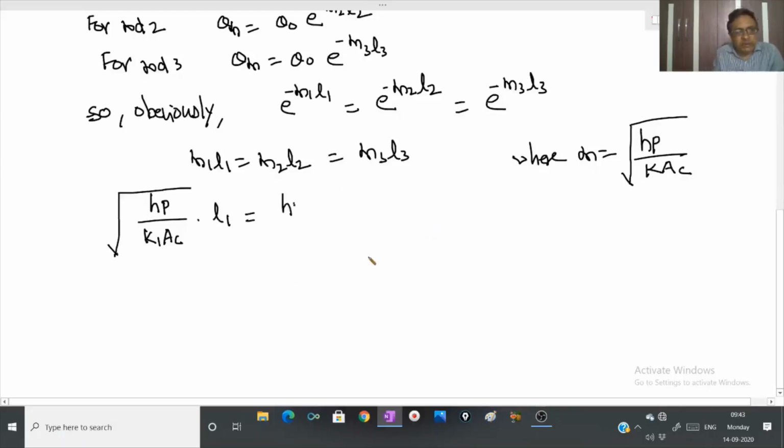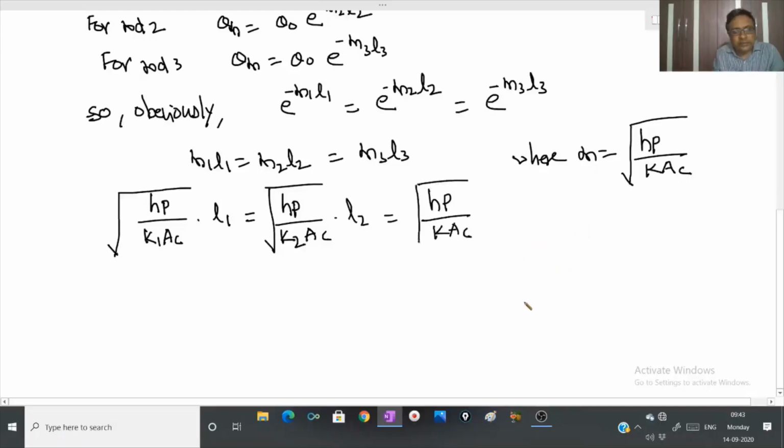Similarly, m2 will be the square root of hP over K2 Ac, into L2, is equal to the square root of hP over K3 Ac, into L3.